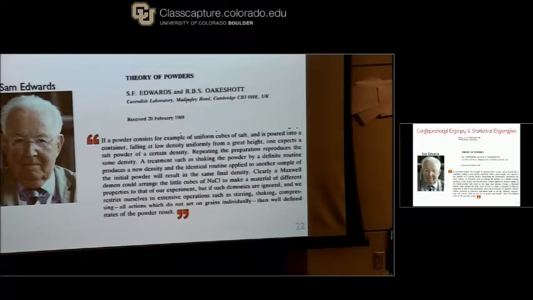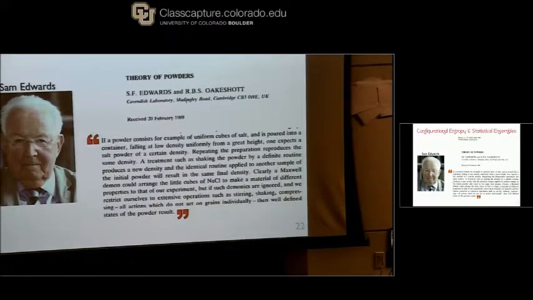So more than 25 years ago, Sam Edwards had this idea, and I really love this little quote from him. It's from the paper. If a powder consists of uniform salt cubes and is poured into a container, one expects a salt powder of certain density, and Sid talked about this. You can repeat the experiment, and you get a well-defined distribution of values for a well-defined protocol.